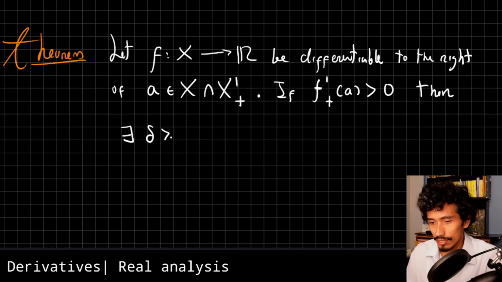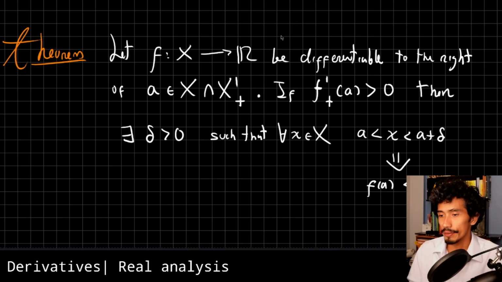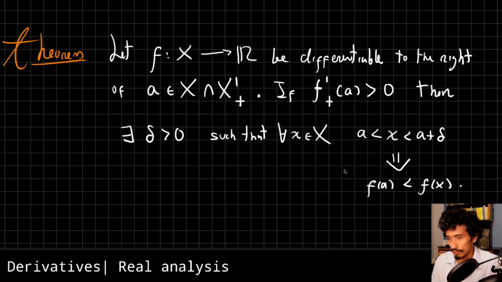There exists some delta positive such that for every element of the domain that is inside of this neighborhood to the right, and we write that as, then... all right, so this is the theorem. Let me put this a little smaller. All right. So yeah, this is our theorem.